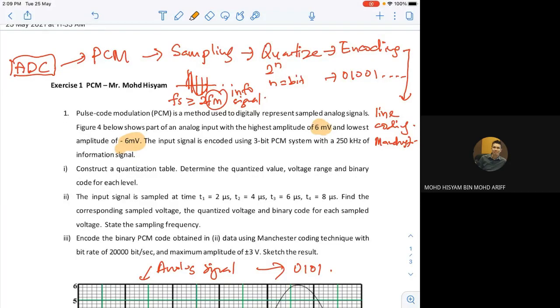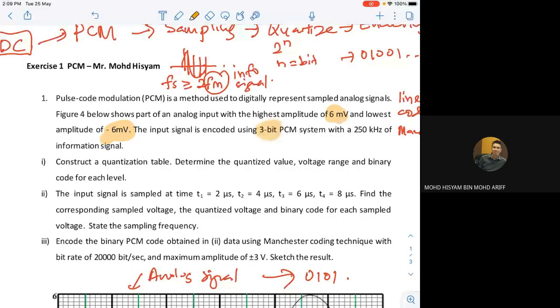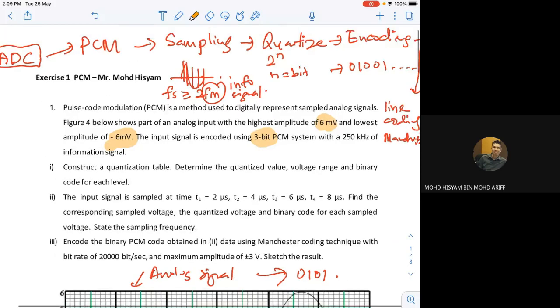Then the input signal is encoded using a 3-bit system. Extract this, 3-bit; this will be used in the quantize part. And the 250 kilohertz is the information signal, not FS, not the sampling frequency. So you must multiply by 2. Your sampling frequency is 250 kilohertz times 2, you get 500 kilohertz.